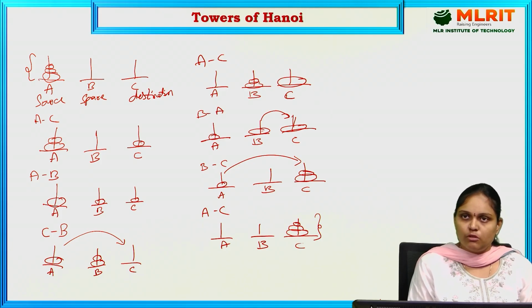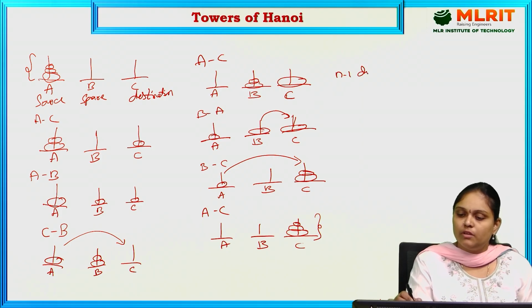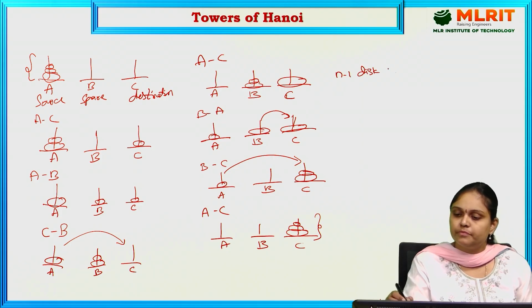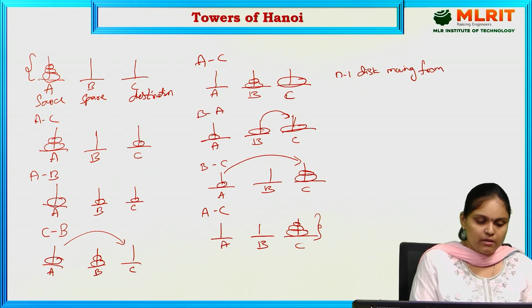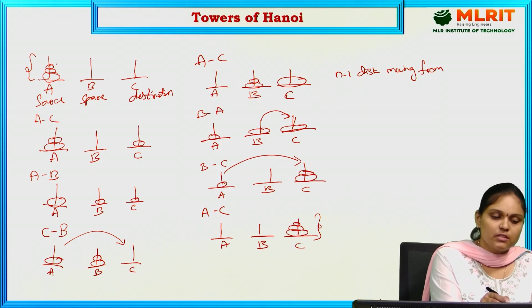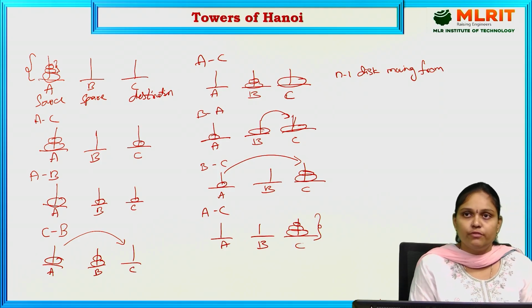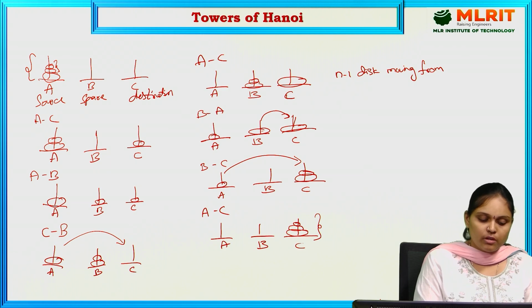Some rules you need to follow: n-1 disks we are moving. Here we have 3 disks, so n-1 is nothing but the first 2 disks, which we are moving from A to C.